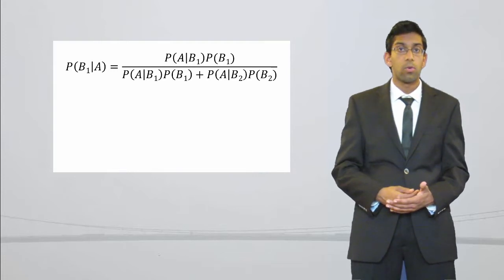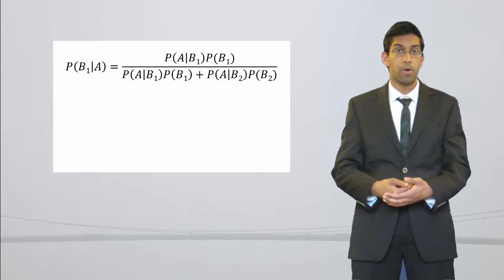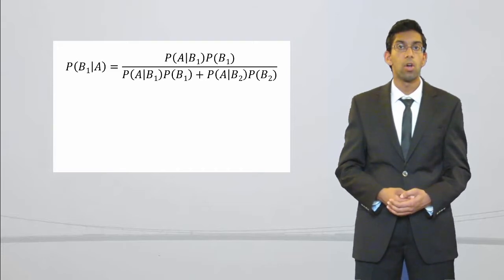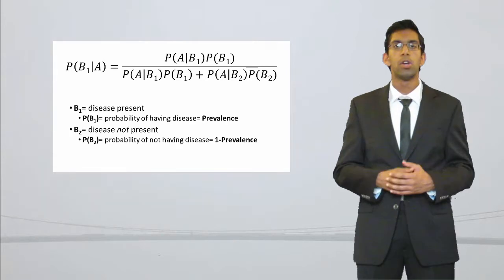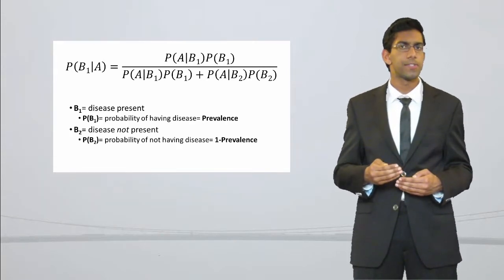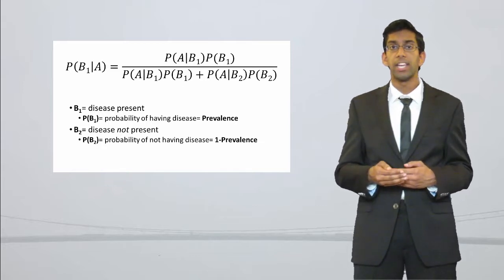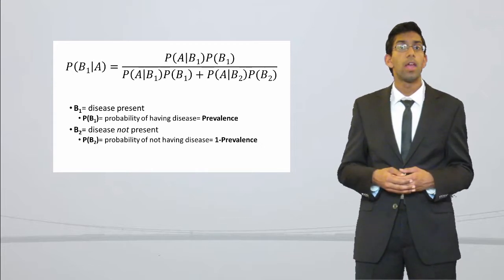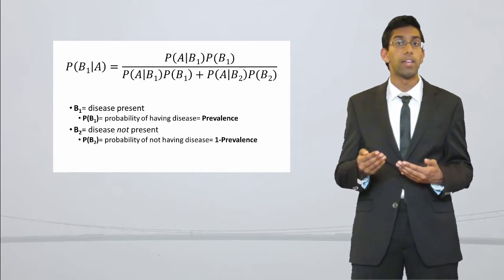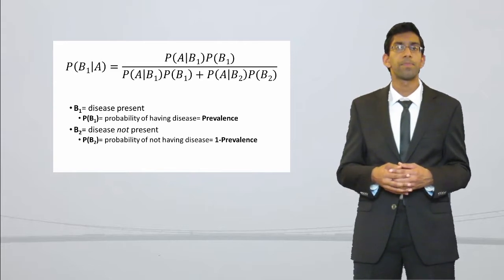So that means when a patient comes in, he or she will either test positive for having the disease or will test negative and not have the disease. So for a medical diagnosis implementation, we'll say that B1 is the event that a disease is present in the patient, and B2 is the event that a disease is not present in the patient.